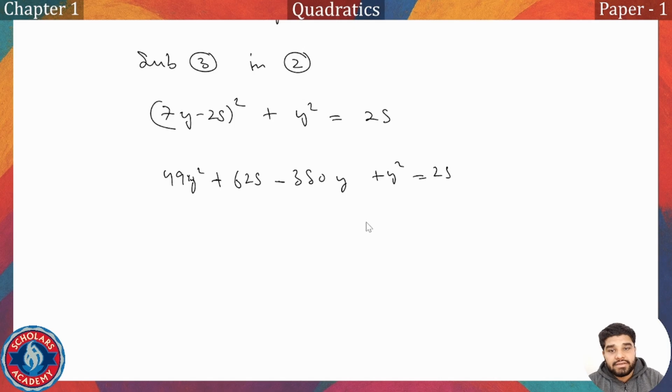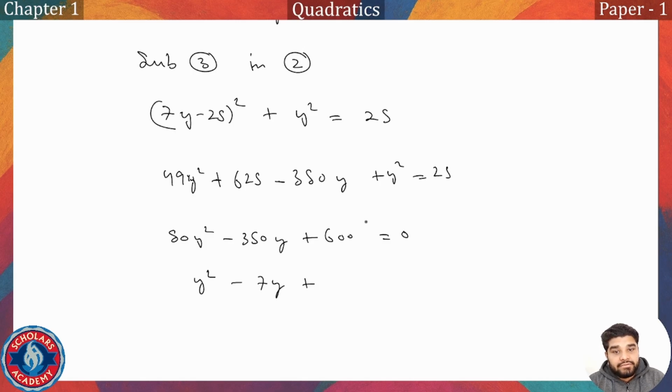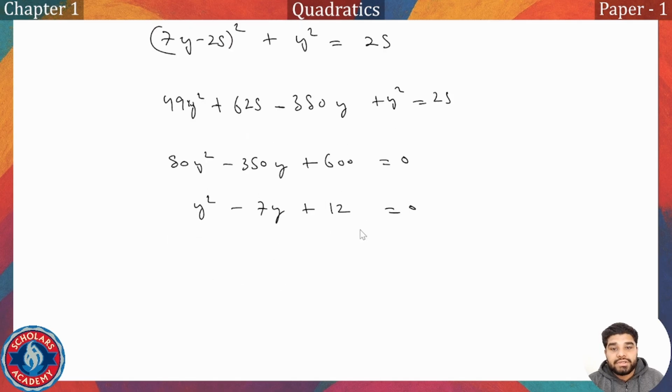We'll bring everything to the left hand side. We get 50y square minus 350y plus 600 is equal to 0. We can take 50 common, we get y square minus 7y plus 12 is equal to 0.